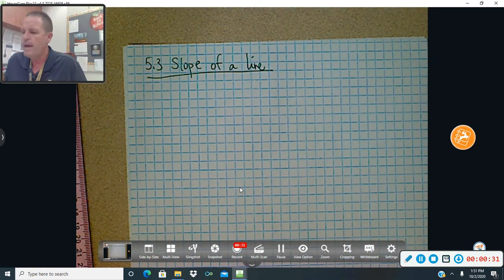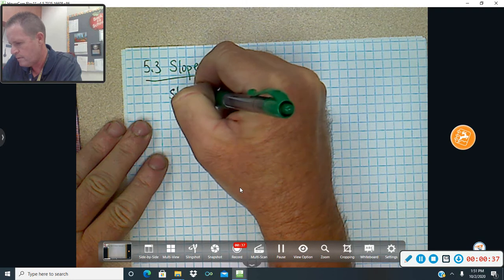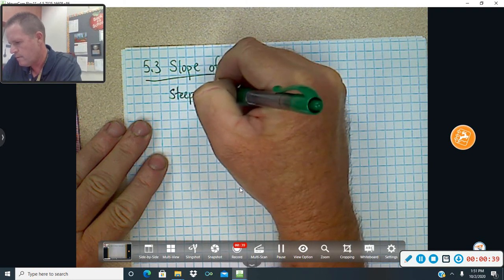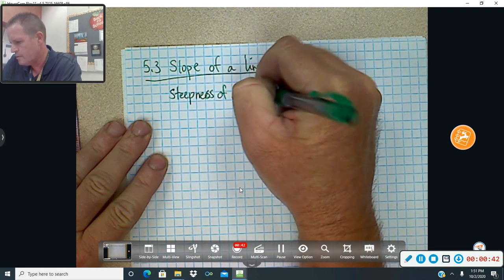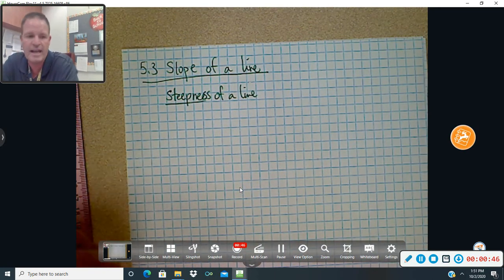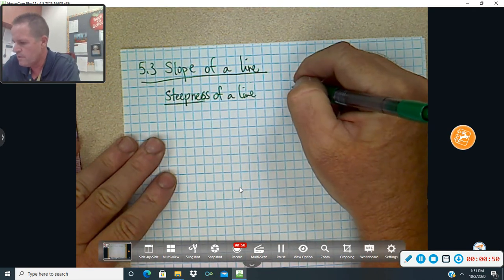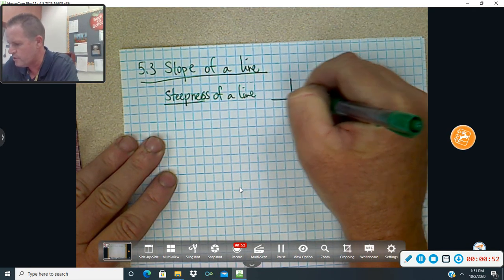Okay. And what that refers to, slope of the line, is the steepness of a line. So how steep the line is. Okay, now you're going to have different types of steepness. Okay, so just draw quick little pictures of these things.